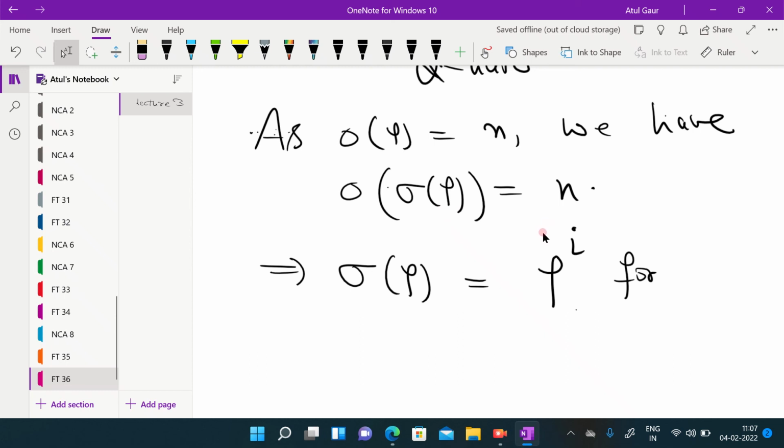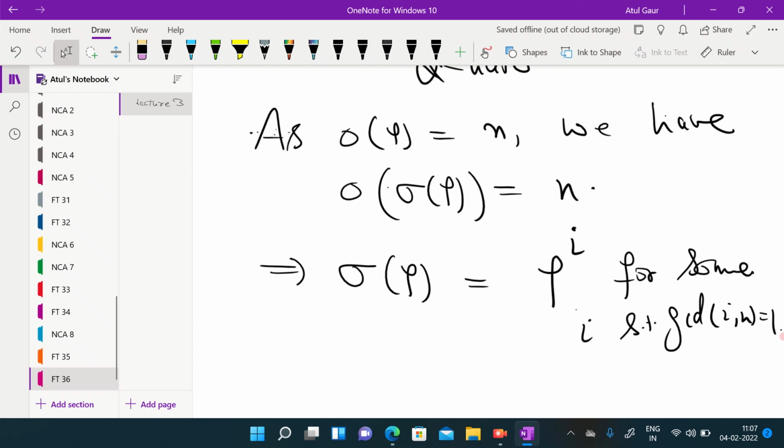So if rho is a primitive nth root of unity, what are all the roots? Precisely rho power i for some i relatively prime to n. Is that fine?